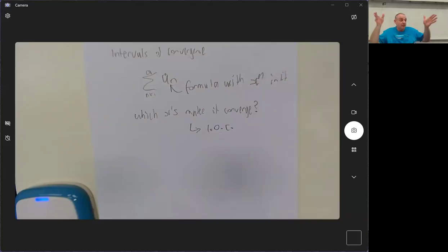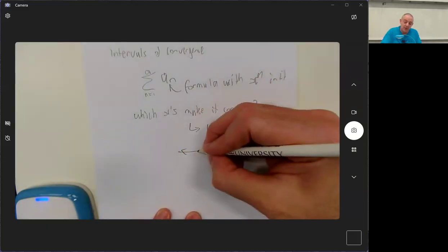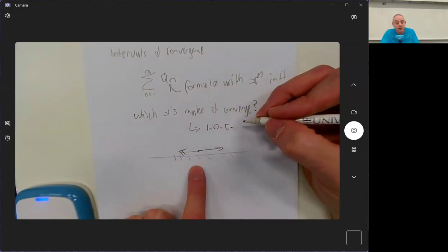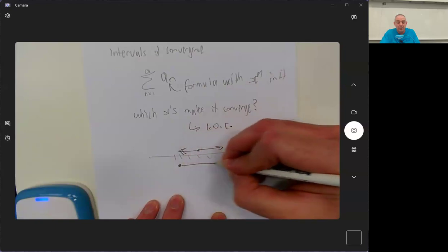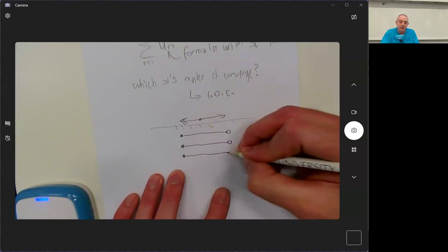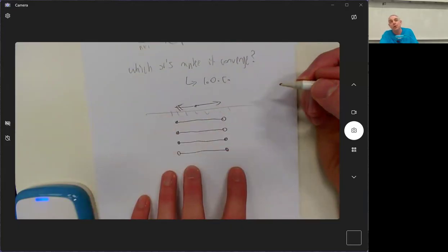It has a centre and it has a distance and there's everything from here to here. It will always look like that. It'll always have a centre and you'll go this way and that way on your number line. But the question is, does it converge at both ends or at neither end or at one of each? There's 4 options for what could happen.